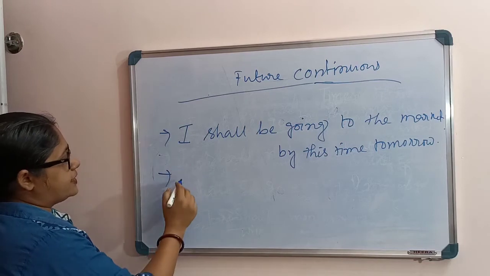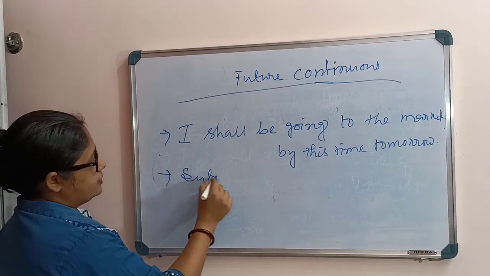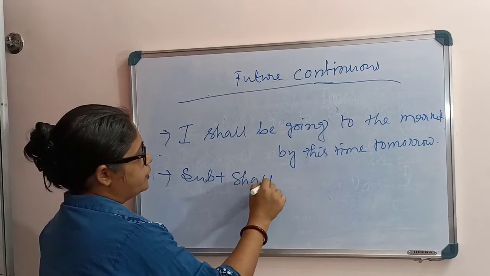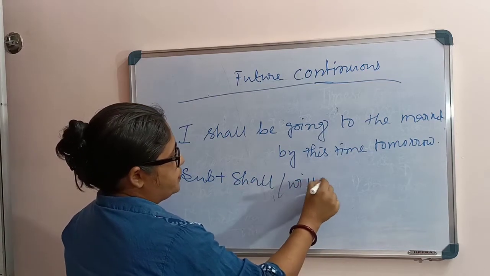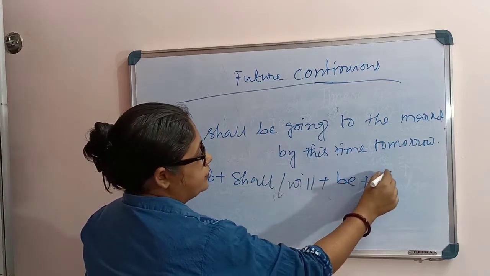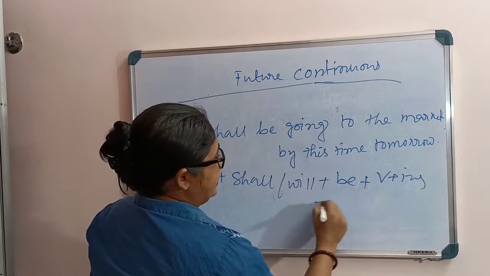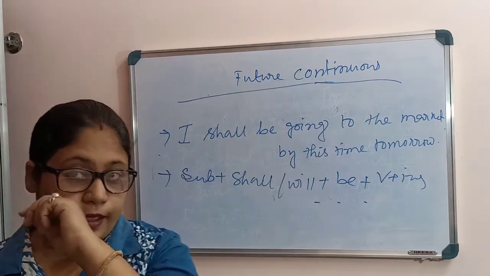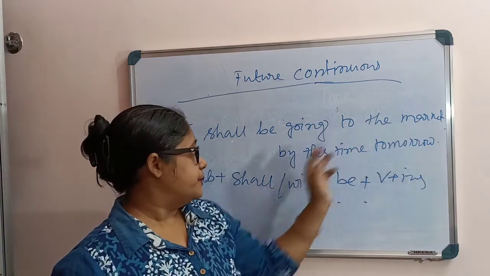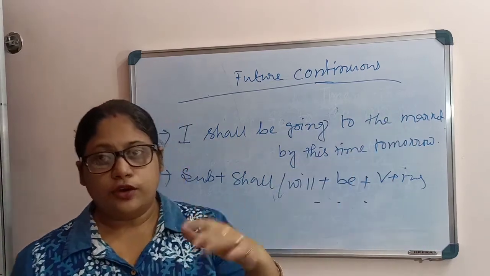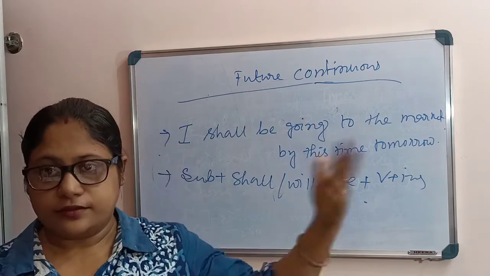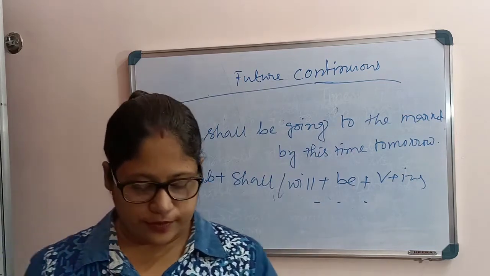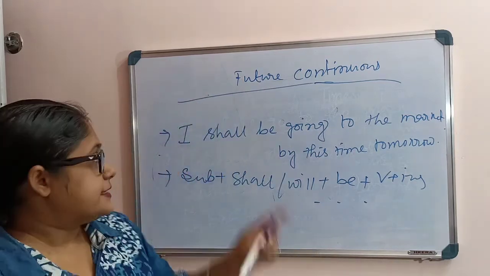So what is the sentence structure? Subject plus shall or will, then be, then verb plus ing, and then you need to put a certain time period, like by this time tomorrow, or by this time day after tomorrow, whatever you feel like. So this is the sentence structure.